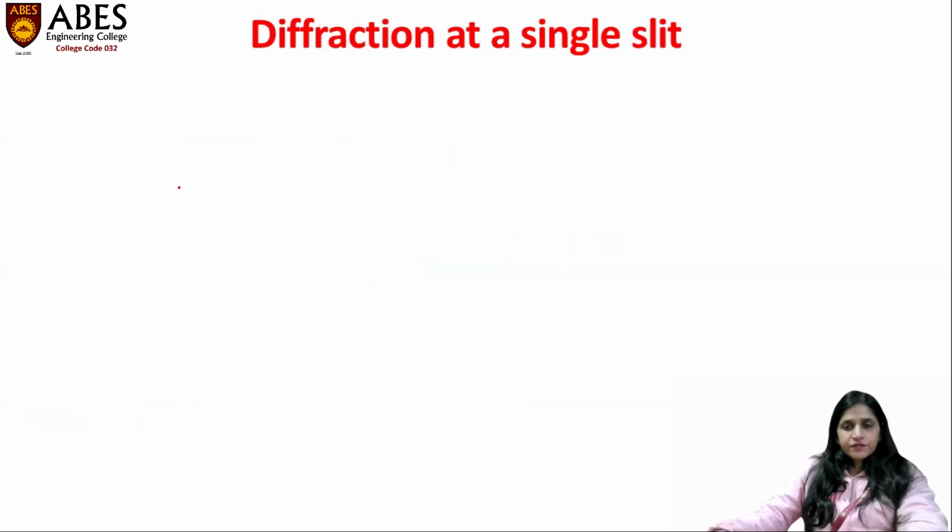So let us draw the diagram first. Before we draw the diagram, if you have performed the single slit experiment in the lab, let me connect that lab experiment with the theory over here. We have seen that the light is coming out from a laser. Suppose this is a laser source, mounted on an optical bench.